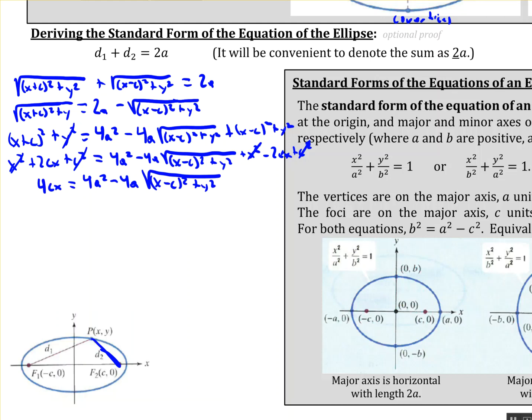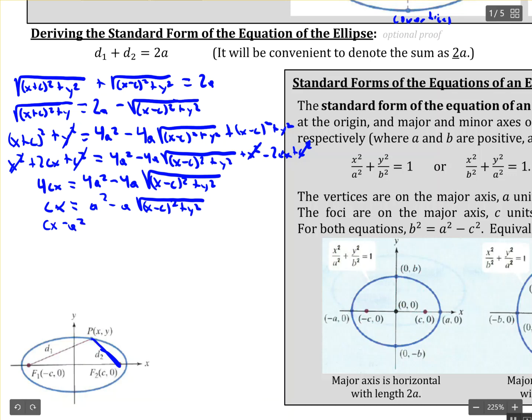So we can divide everything by 4, and we get cx equals a squared minus a times the square root of (x minus c) squared plus y squared. Actually, instead of factoring out an a, let's subtract that a squared from both sides, because we want to get this square root by itself.